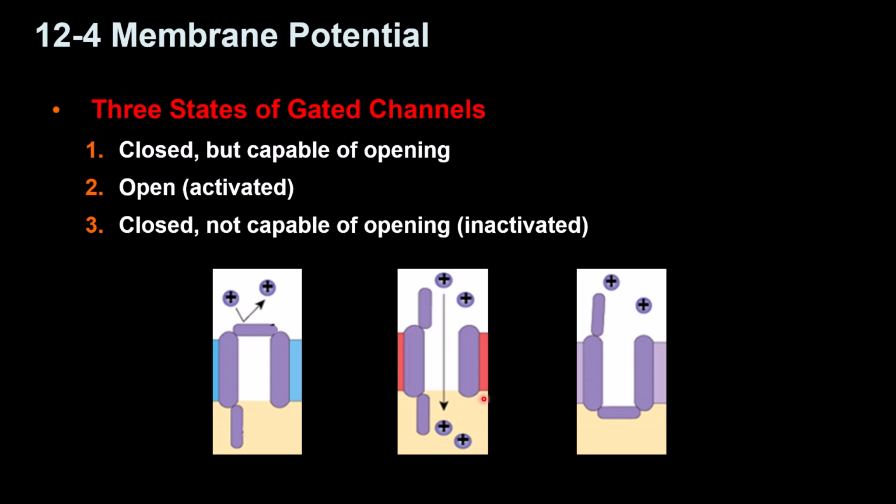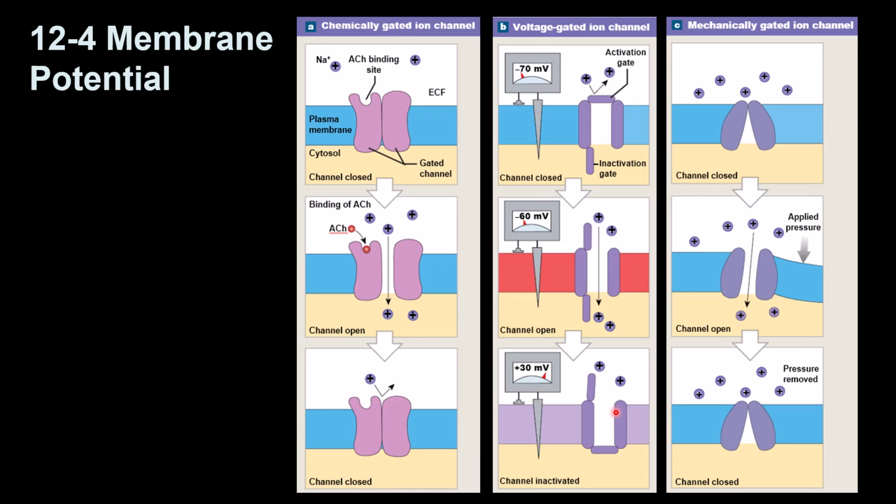And the third one is closed, but cannot open. Once the ions enter, after a while it will close, and this is a different gate, and it cannot allow more ions to enter the cell. So there are three different states for gated channels.